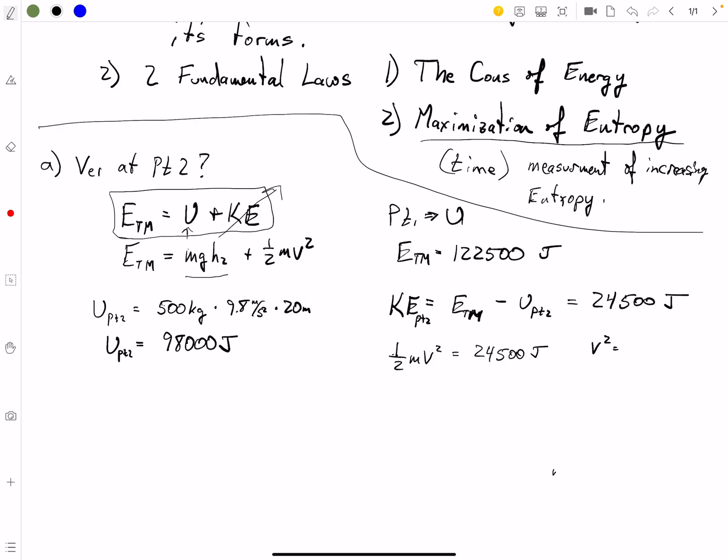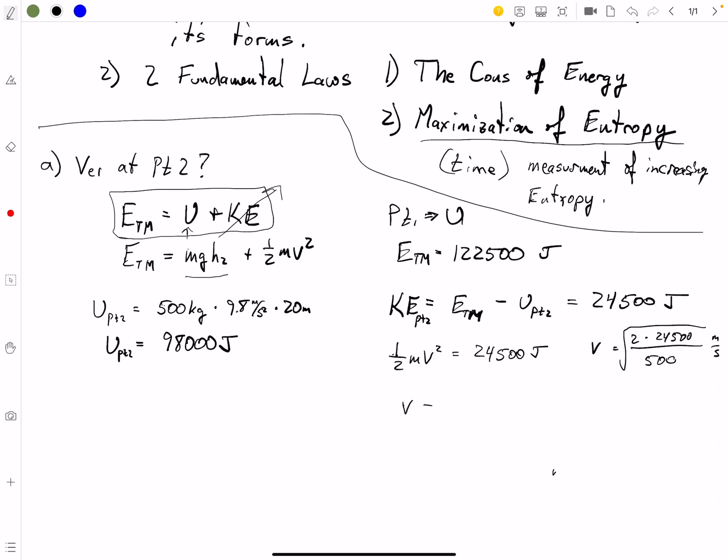Two divided by m, so 2 times 24,500 divided by 500. And then we're going to take the square root of both of these things, giving us that. And of course, that's going to be in meters per second.